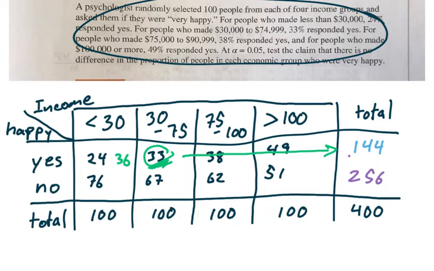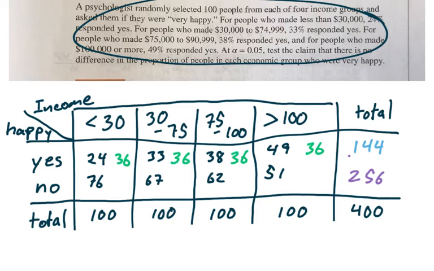So we're going to simply be multiplying the row total for the top row times 100 every single time. So 144 times 100 and then divide by 400. That gives us the same result of 36. And that's going to be the same in each of these. So basically, notice this. We're saying that all of these proportions are the same.